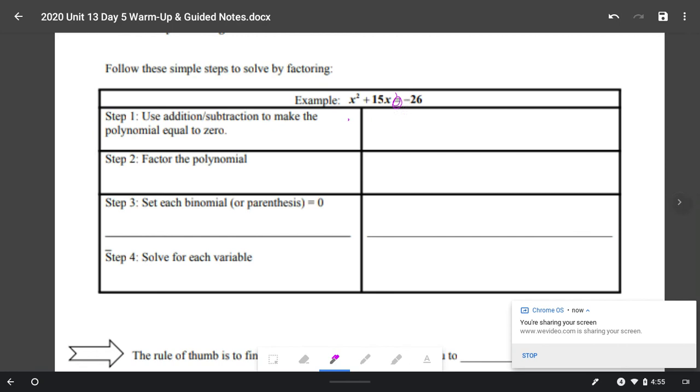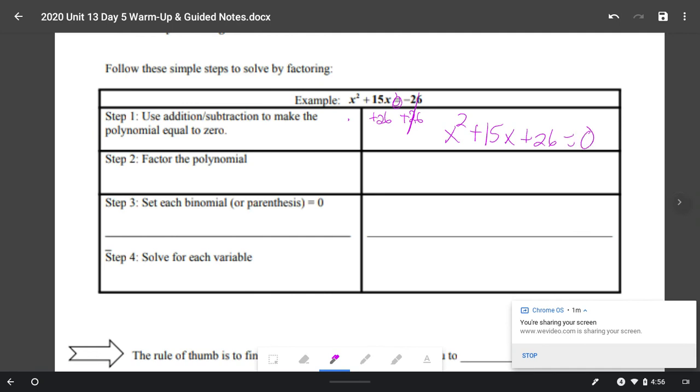So the first thing we have to do is add 26 to the other side. If we add 26 to the left and the right side, the right side cancels out and gives you a 0. So on the left side, you have x squared plus 15x plus 26 is equal to 0 now.